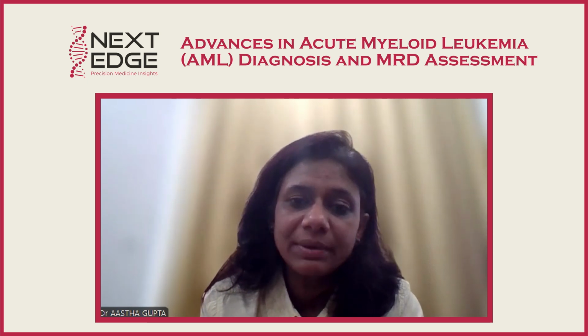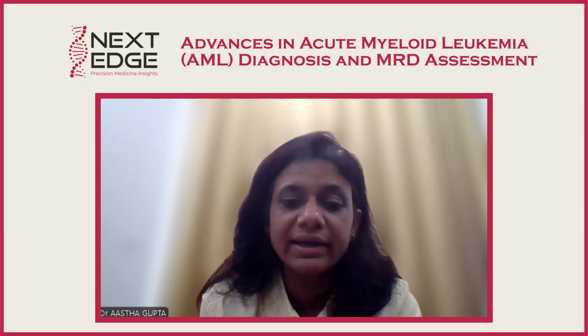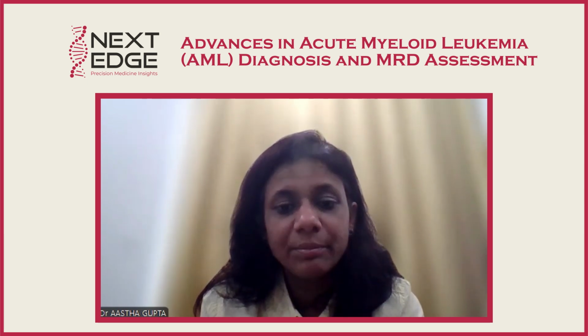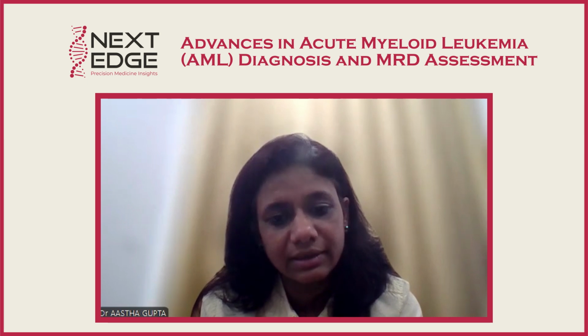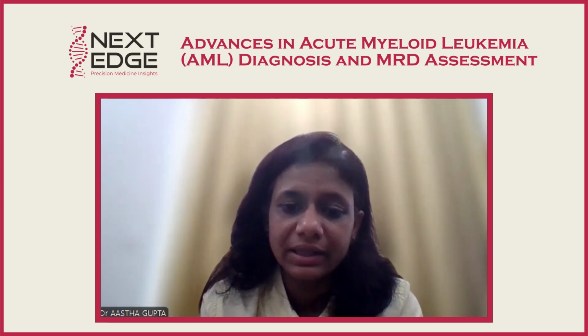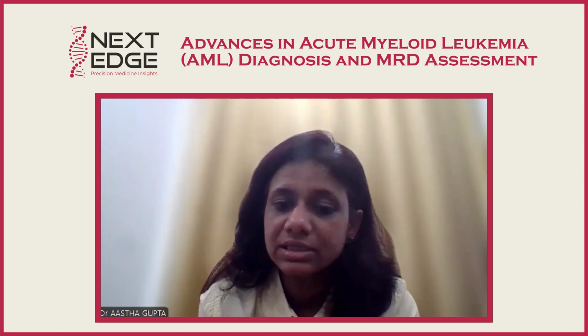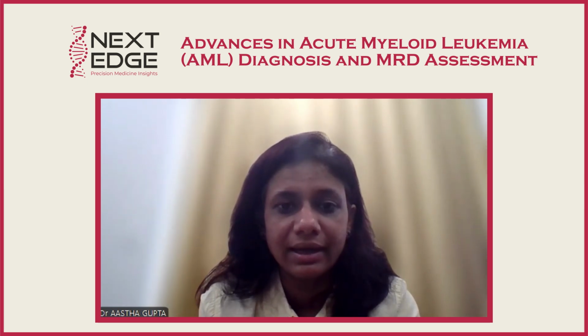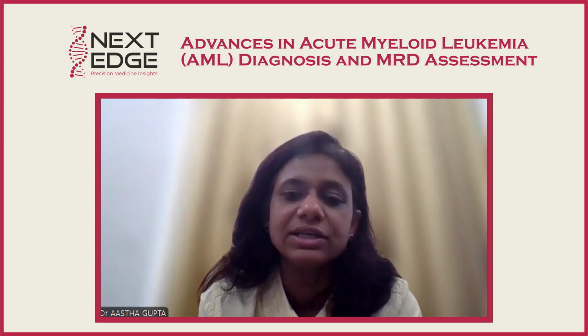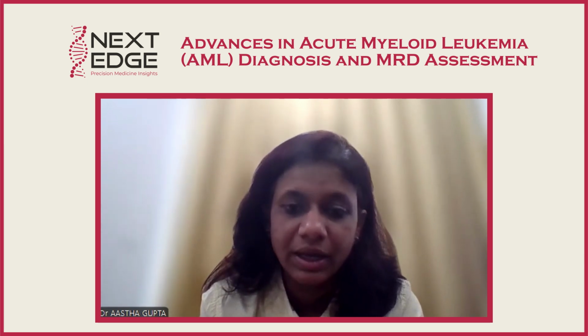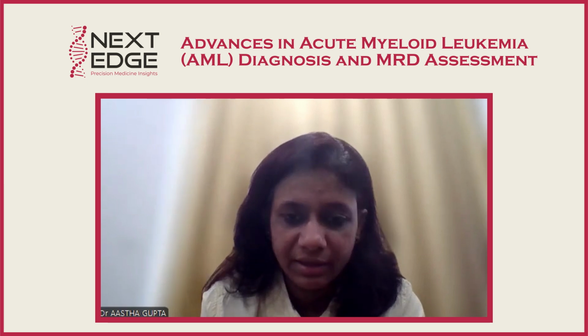CBC, peripheral smear, and bone marrow are basically to identify the blast by morphology, because WHO still characterizes leukemia by the presence of blasts more than or equal to 20% by morphology. It does not advocate the identification of the percentage by any other methodology. So that is the first step to identify the blast.